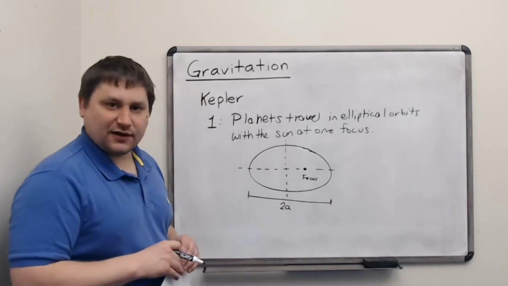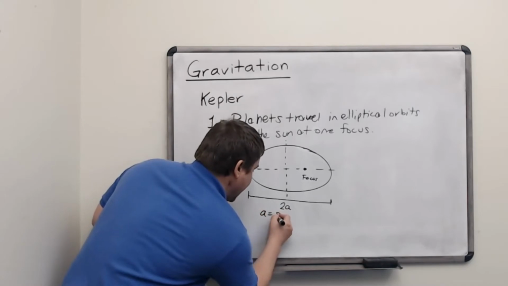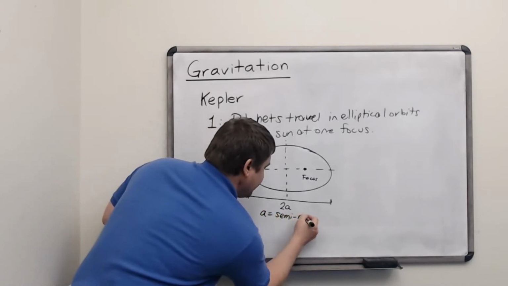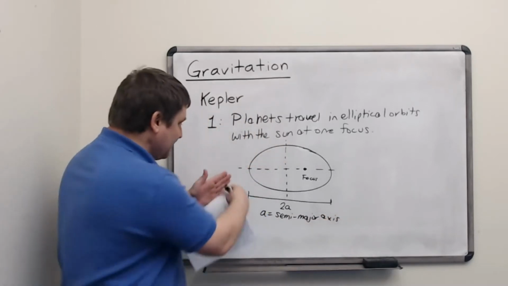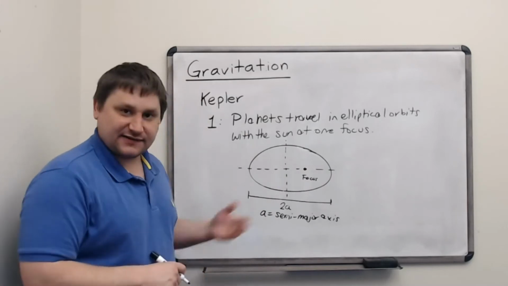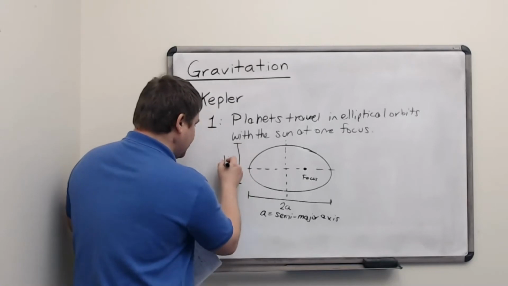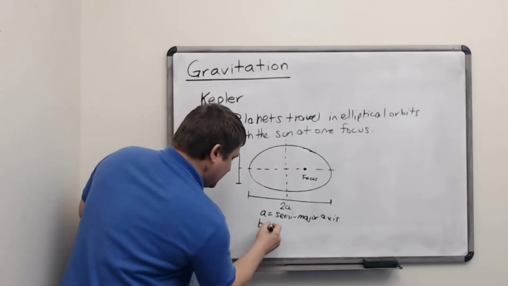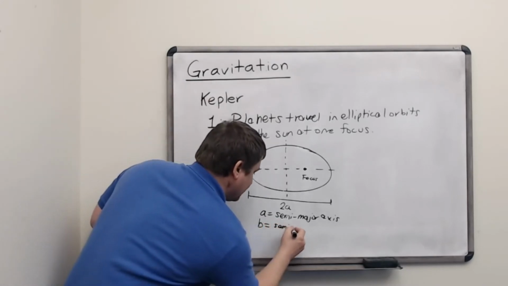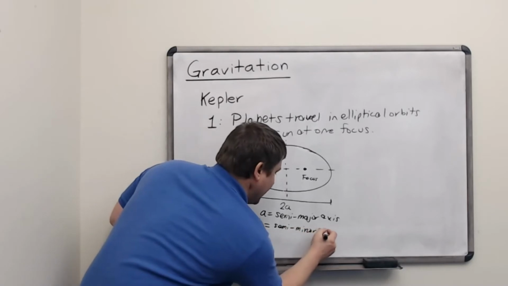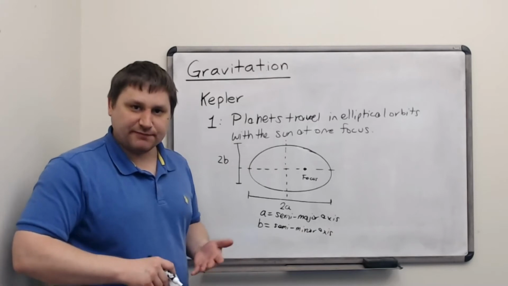The overall width of the ellipse is called 2a, and a is called the semi-major axis. The major axis would be all the way across, and so a is semi-major, or half of that. Vertically, we call the height 2b, and b is called the semi-minor axis. A circle would just have its a and its b value both equal to its radius.